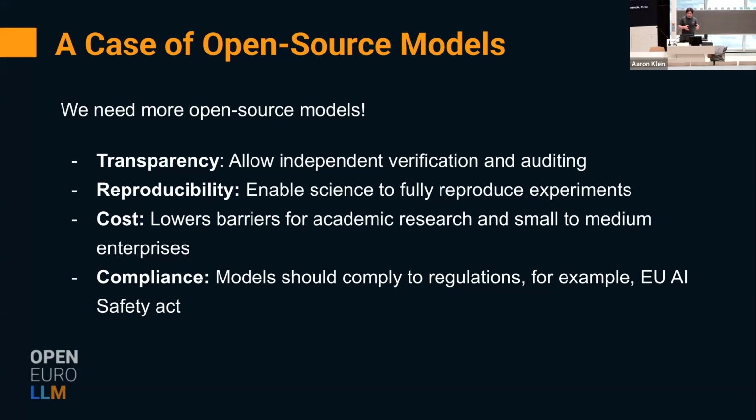On top, since those models tend to be smaller, they also come with lower inference costs. So it's much easier to deploy them in an academic setting or in a small or medium enterprise. The last point, which gets increasingly important, is compliance, right? Those models should comply with current regulations, such as in Europe, for example, the European AI Act.